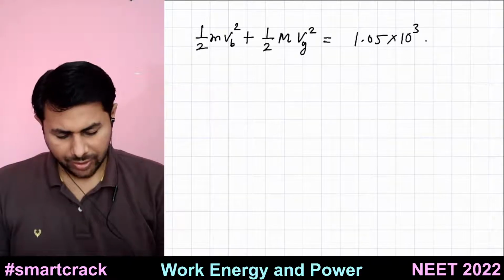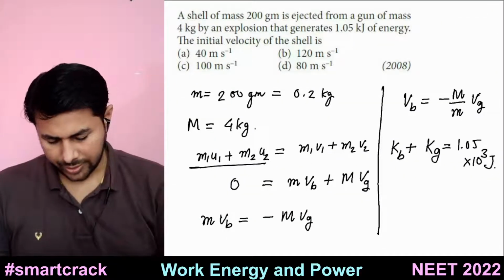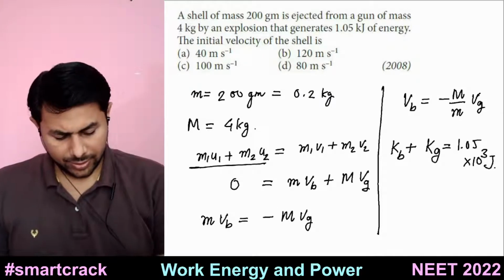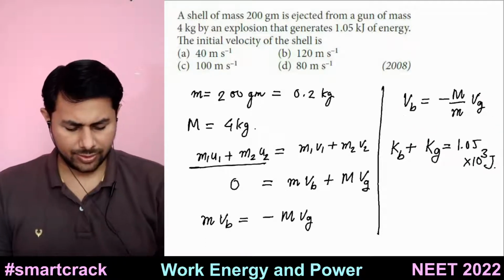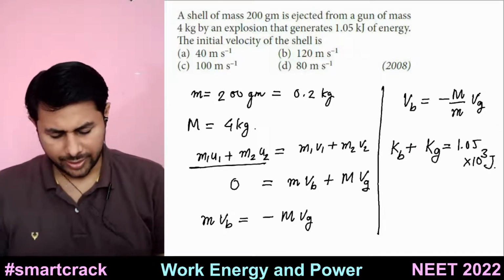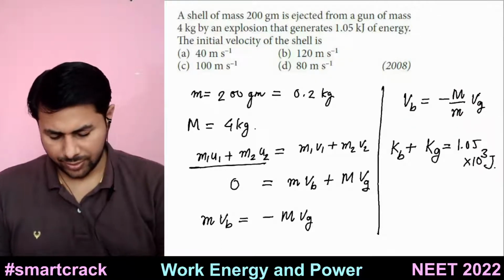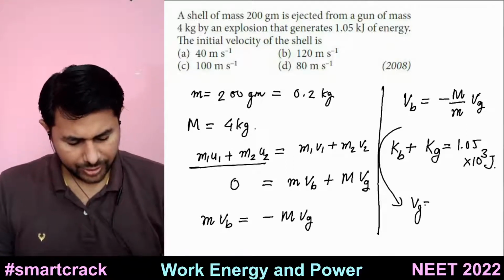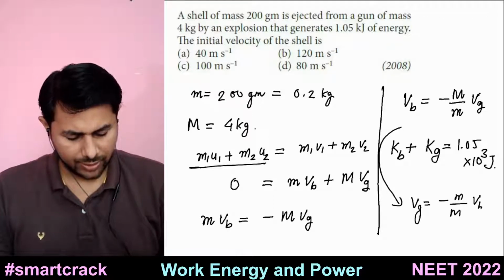Then we wanted to find out the speed of the bullet, the shell. So we can write velocity of gun in terms of velocity of bullet. It will be the other way around: we'll take this m and capital M on the other side. So we get v of g, velocity of the gun, is equal to minus m by capital M into velocity of bullet.